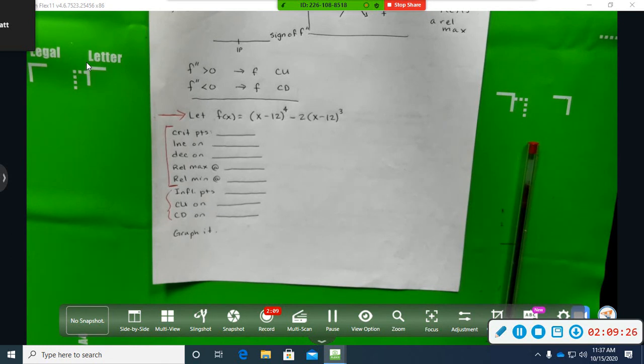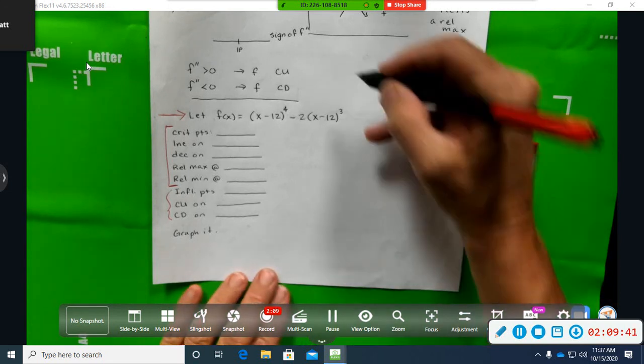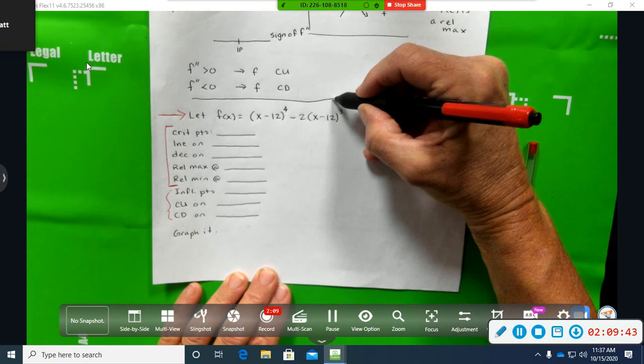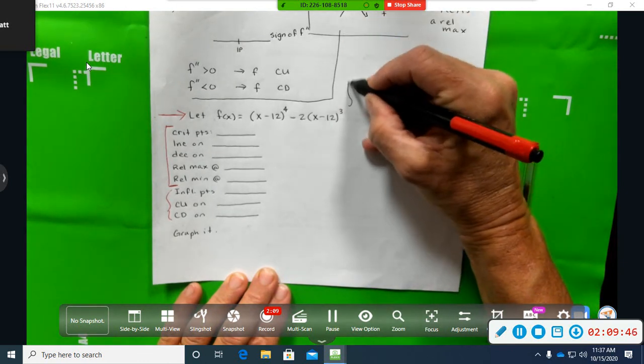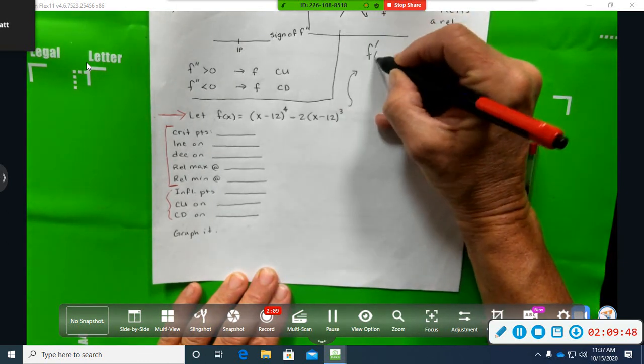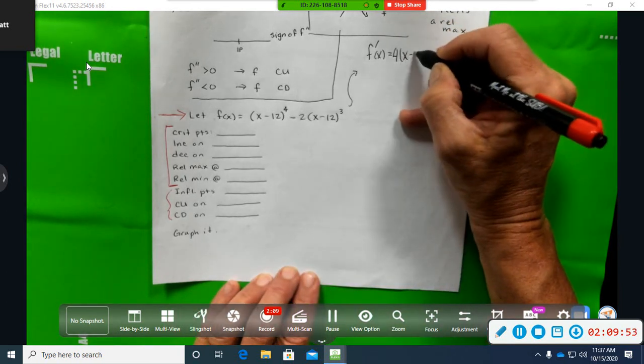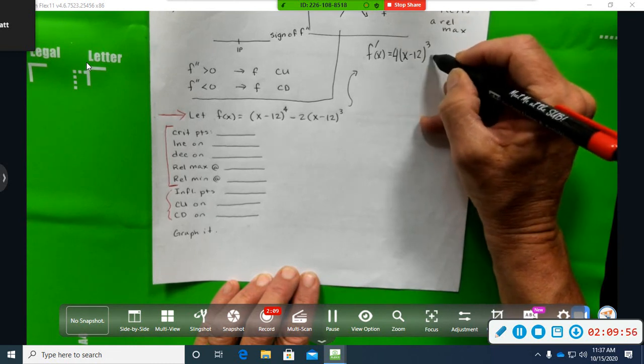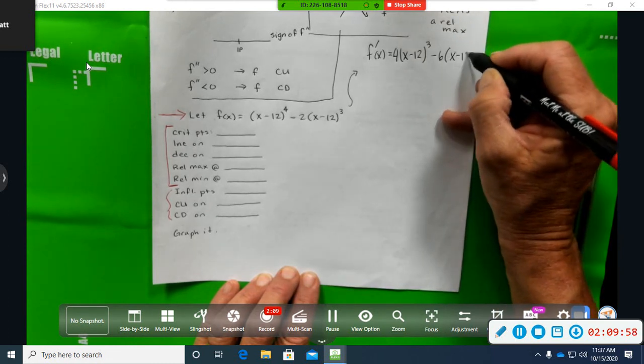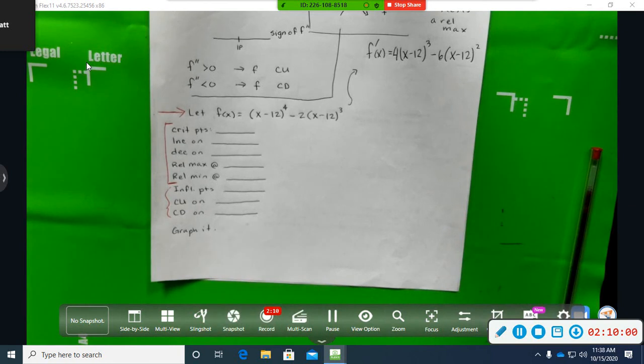Try to factor your derivative instead of multiplying it out. Polynomial factoring.